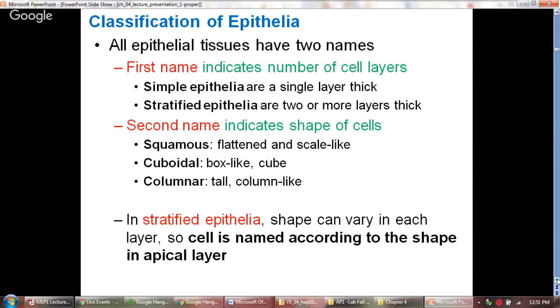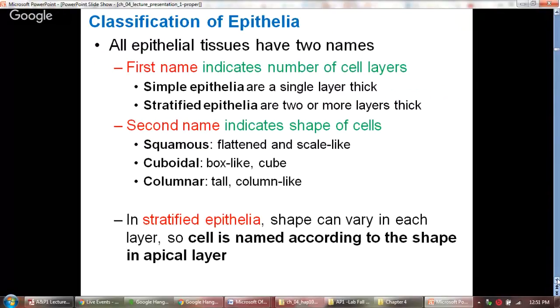So based on several features, you need to understand how we name the epithelial tissue. Classification of epithelia is done due to several features, and let's look at them now. If you look at how an epithelial tissue has been named, you will see there are two components: a first name and a second name.